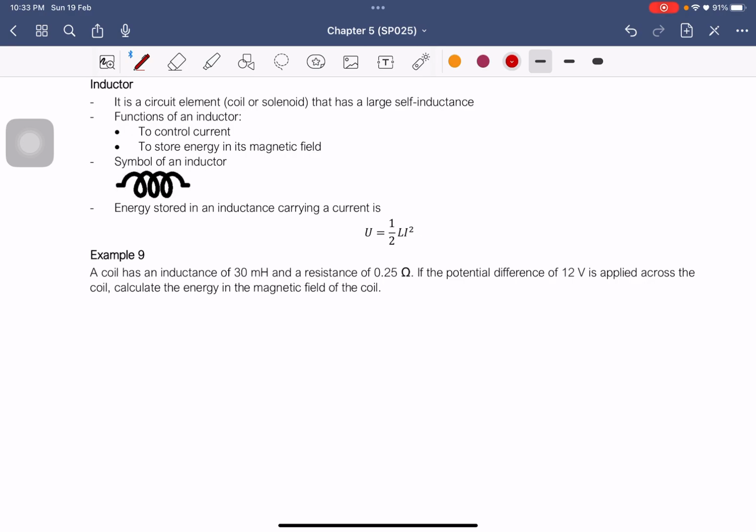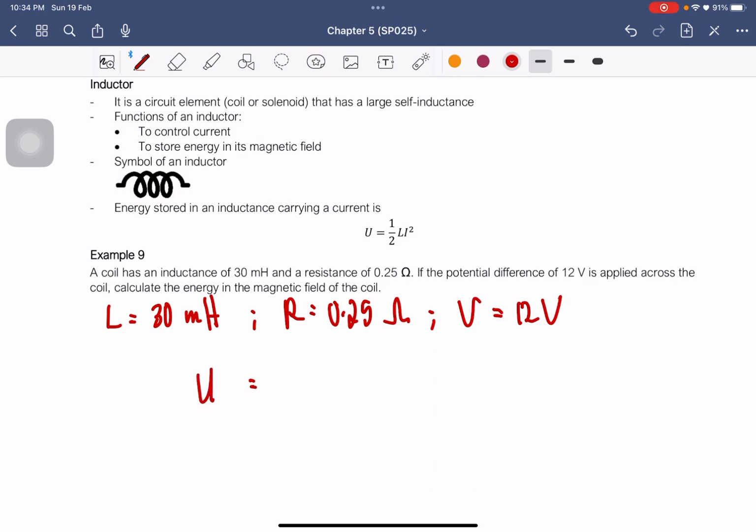A coil has an inductance of 30 millihenry, resistance of 0.25 ohm. If a potential difference of 12 volt is applied across the coil, calculate the energy in the magnetic field of the coil. We know that energy is equal to half Li square.